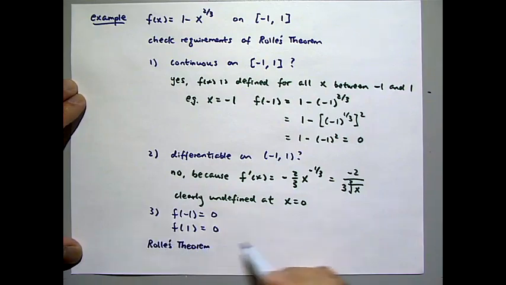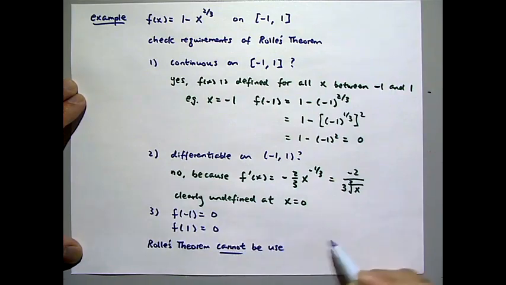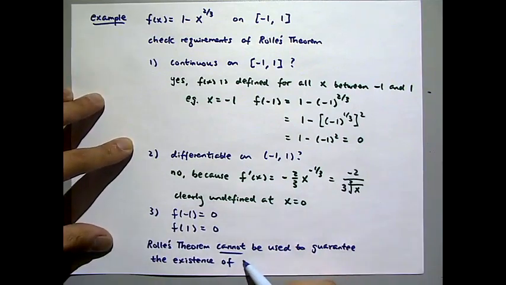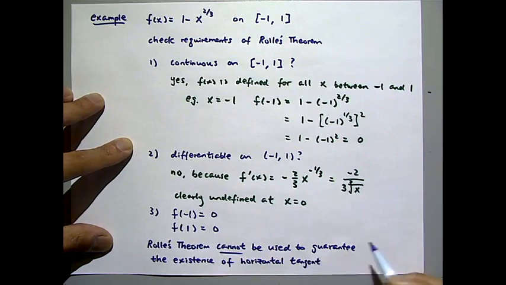And what this means is that Rolle's theorem cannot be used to guarantee the existence of a horizontal tangent line between minus 1 and 1.